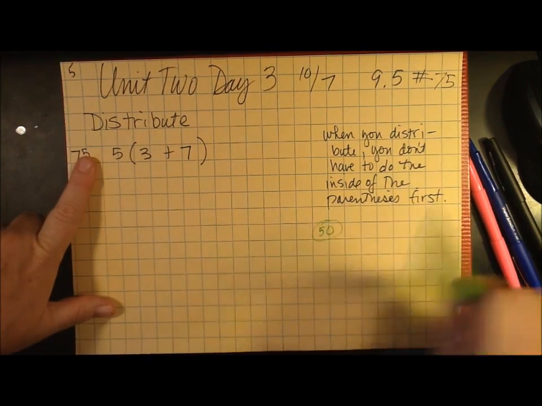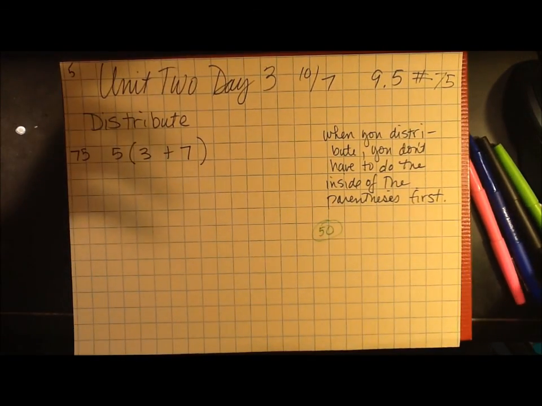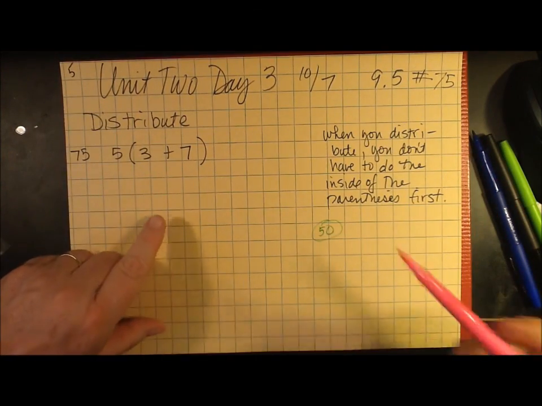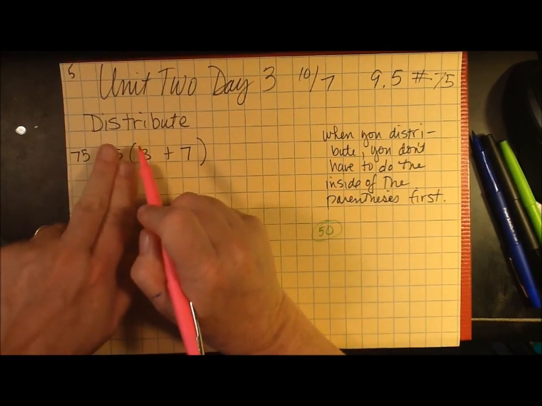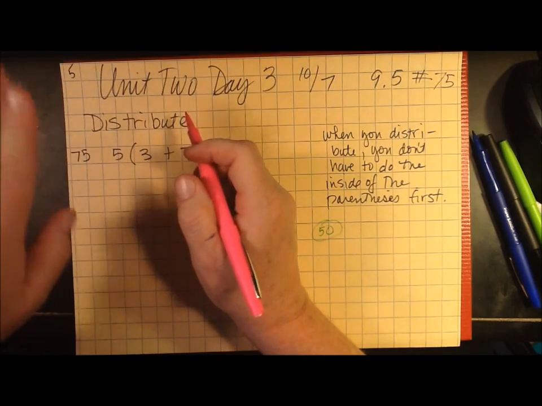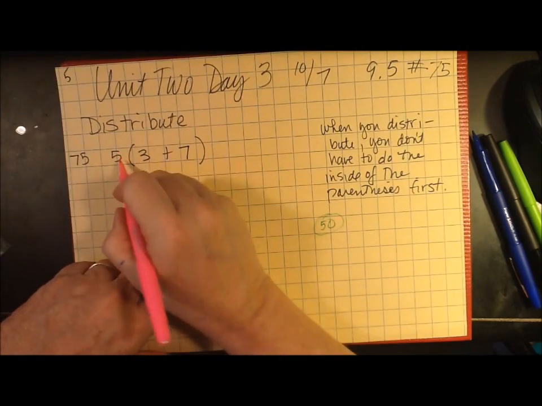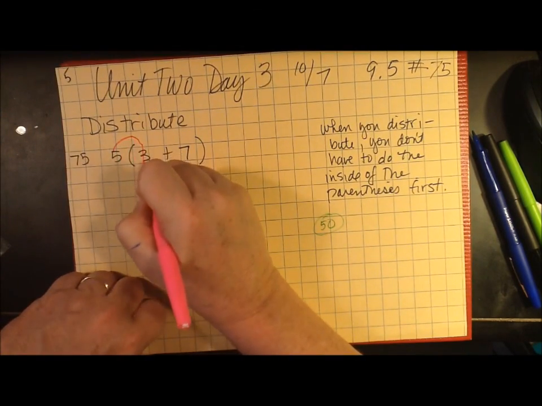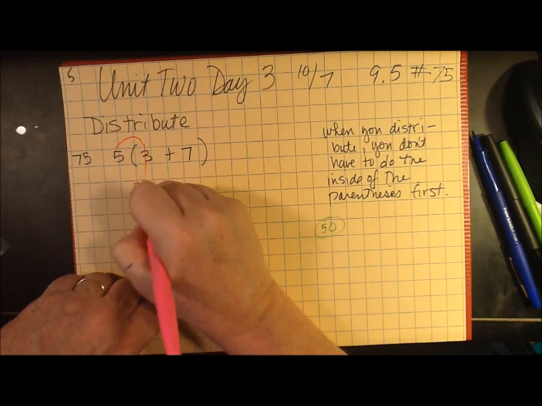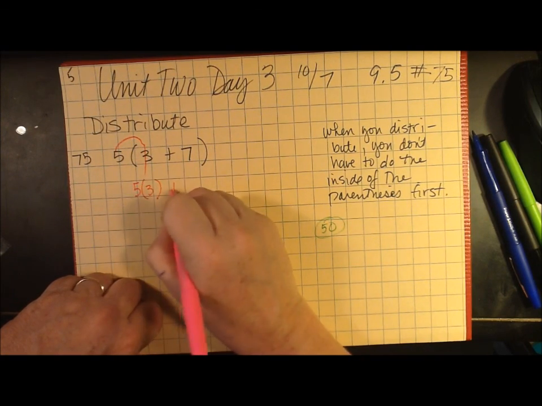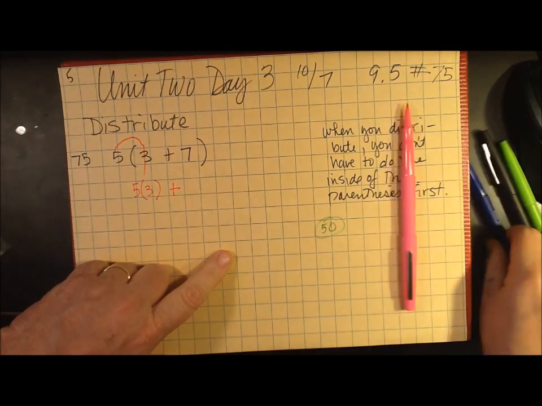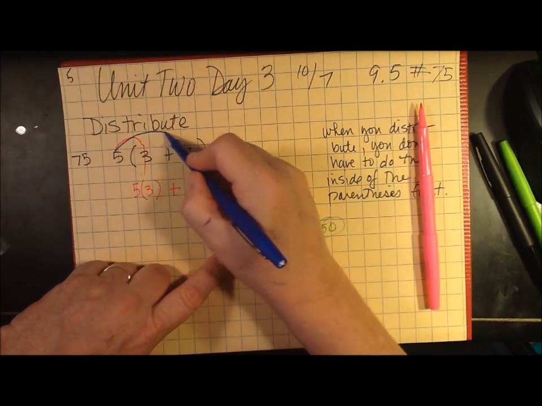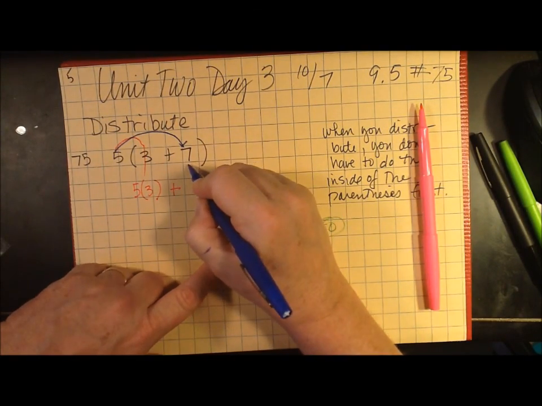But when we distribute, distribute means to pass out evenly. So if I'm going to distribute, there's nothing between the 5 and the parentheses, so that means multiplication. So here I have 5 times 3, and I'm just going to write that as 5 times 3 plus 5 times 7.